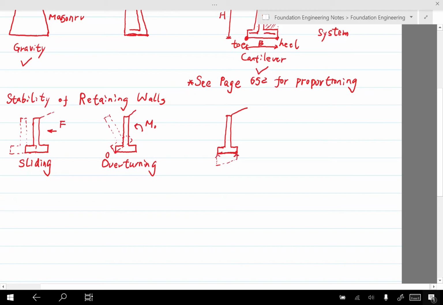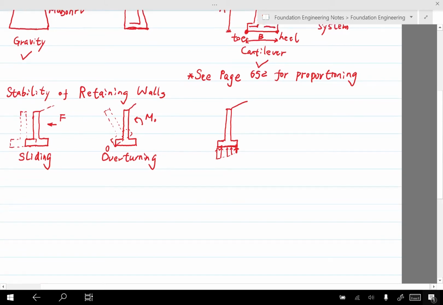Does this distribution of bearing pressure ring a bell? It looks like the eccentrically loaded shallow foundation, right? So actually, the failure mode is exactly the same. That's the bearing capacity. So the soil below the wall cannot sustain it.